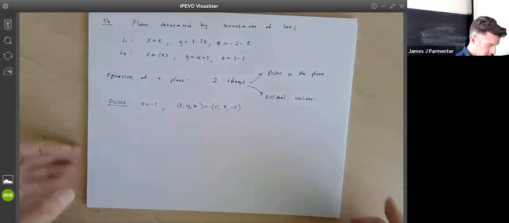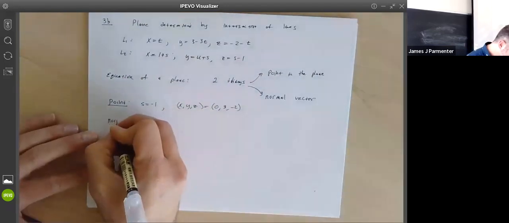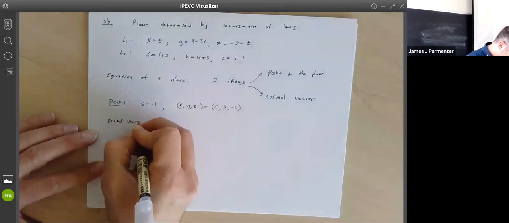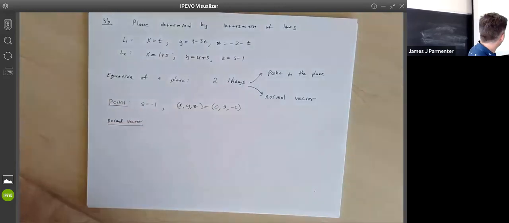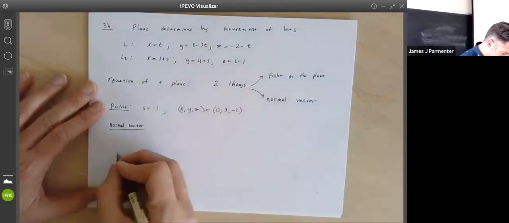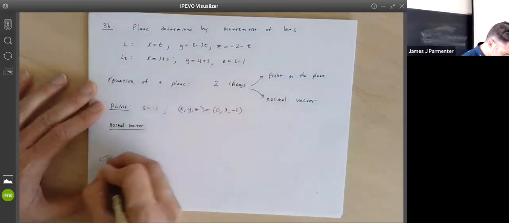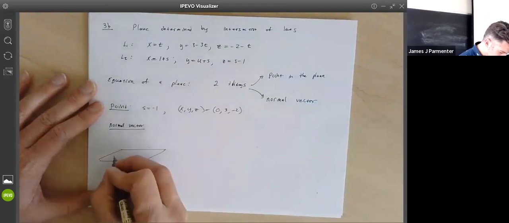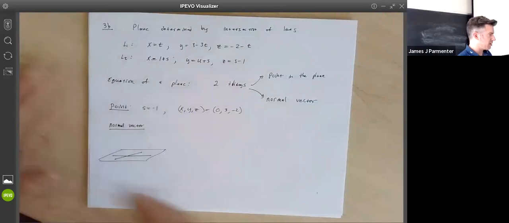Cool. To get a normal vector, you don't have to draw a picture, but it might help to see what's going on. So I've got two lines in the plane, say here's L1 and here's L2. They're not necessarily perpendicular to each other.